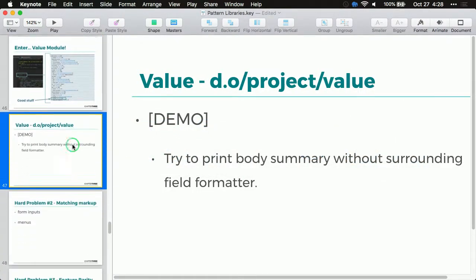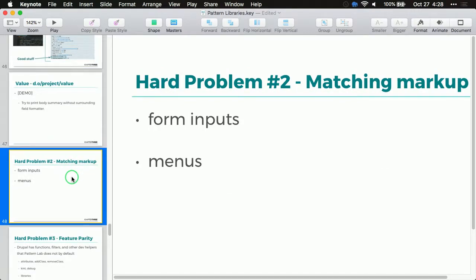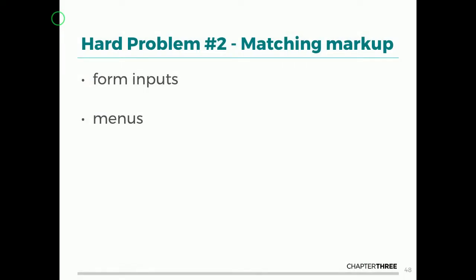So back to what else? Another thing to consider before you jump into this space is matching the markup that Drupal generates through its render arrays to the markup that you're creating in your pattern library, which is usually quite simple, usually just a button tag or something very basic. This is difficult. The hardest things are form inputs and menus, because they're both so complex.